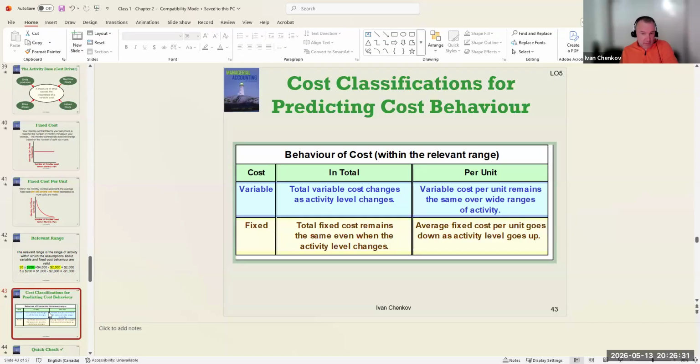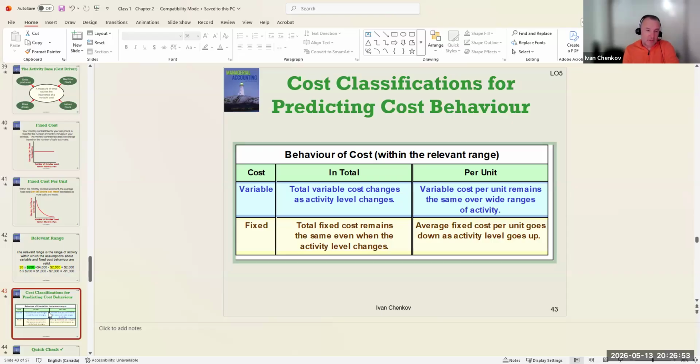Fixed cost in total always stays the same. Per unit it always goes down.